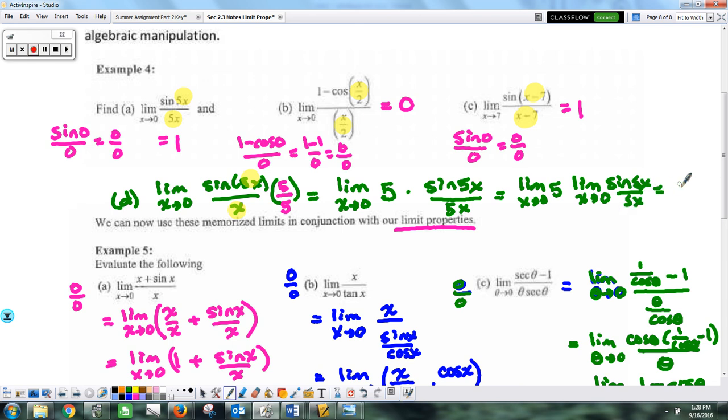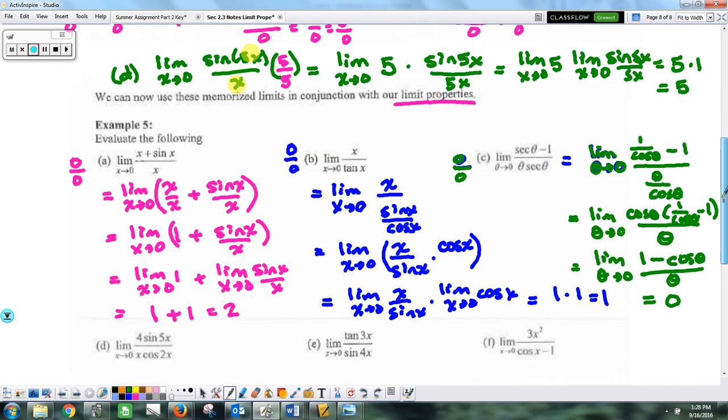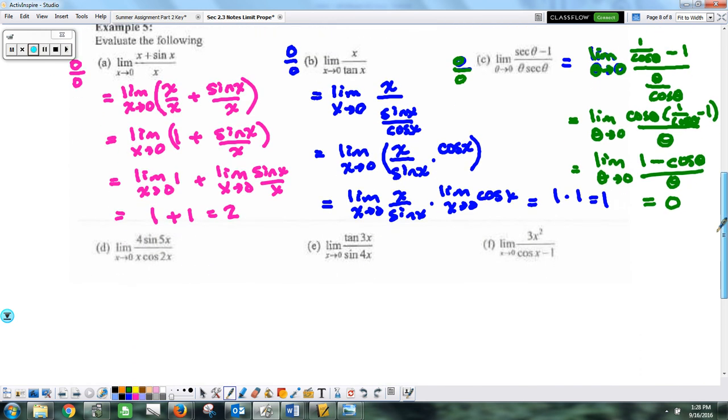And so your final answer would be 5 times 1, or 5. So anytime we're missing a constant, we can add it in with this form of 1. And sometimes you can add x's in as long as you're missing x's from both the top and the bottom.